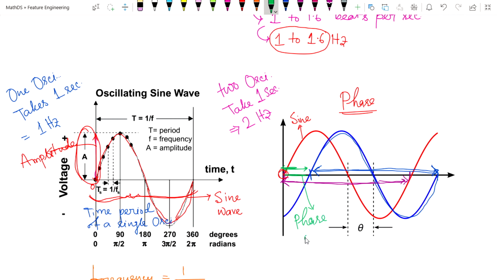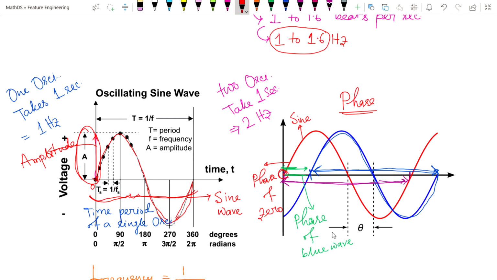These things are the phase of the blue wave. And in the red wave, the phase starts here, phase of 0. And this length is the phase of this blue wave.